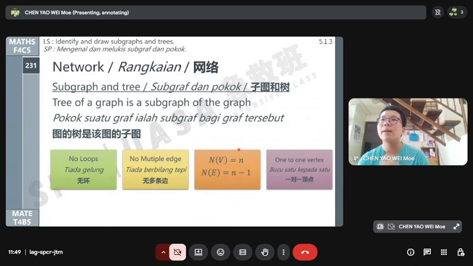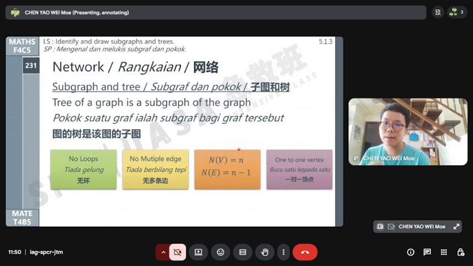Now we learn about subgraph. A graph can be divided into different subgraphs, and a subgraph can also become a tree. A tree of a graph is a subgraph of the graph. A subgraph means I divide the original graph any way I like, for example taking point A and point B to become a new graph.